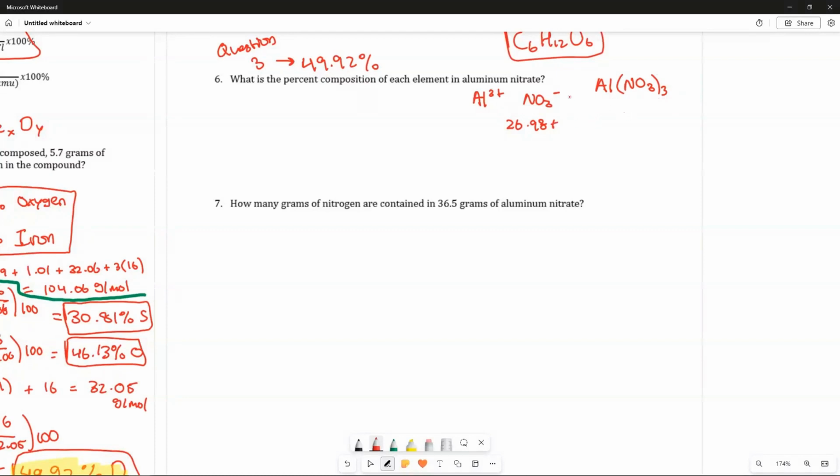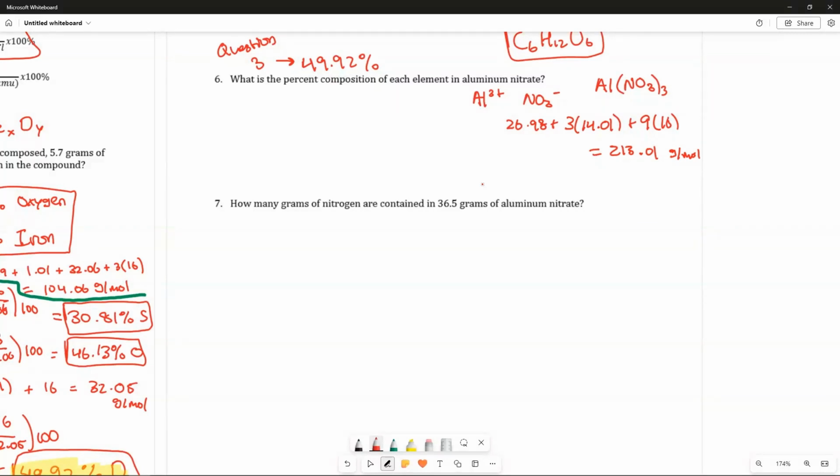So 3 times the molar mass of nitrogen, which is 14.01, plus 3 times 3, which is 9, so 9 times the molar mass of oxygen, which is 16. Add all that together, and you will get 213.01 grams per mole. That's our total molar mass value.